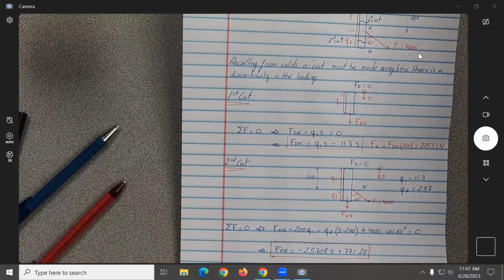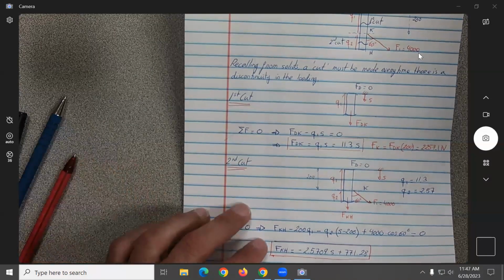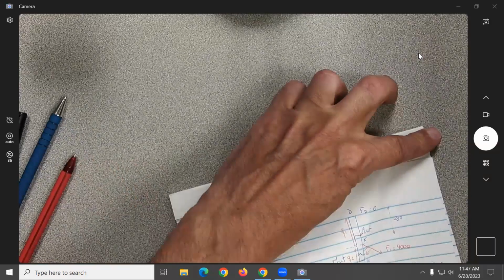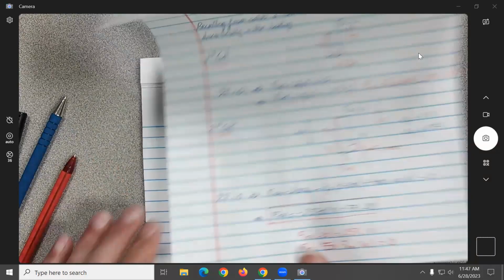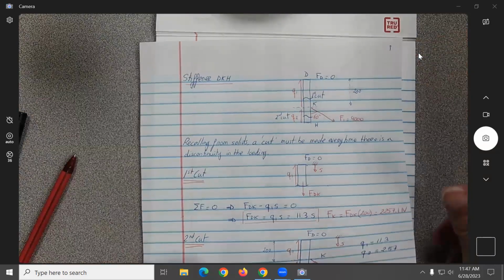All right, so basically, if I do the plot of the actual loads over the stiffener DKH, sorry, let me know when you're copying this, and I'll move to the next page.